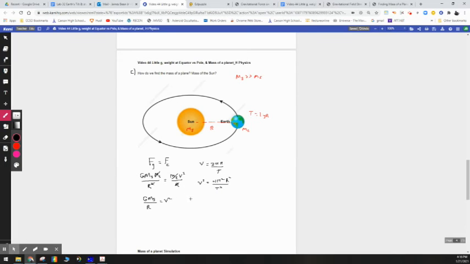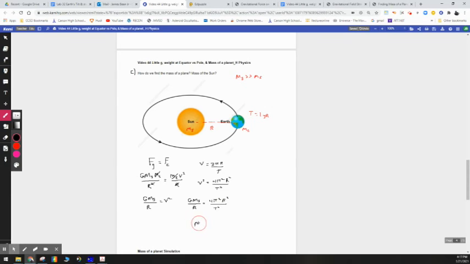When we do that, let's rewrite it again. It's G times the mass of the Sun, over R, equals 4 pi squared R squared, all over T squared. We need to solve for the mass of the Sun.